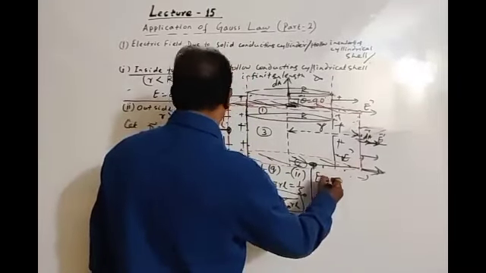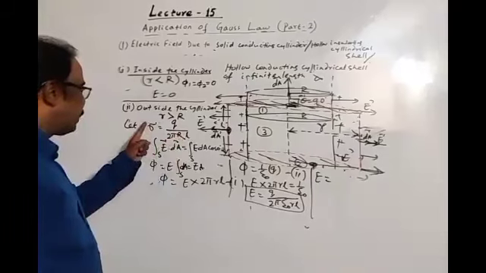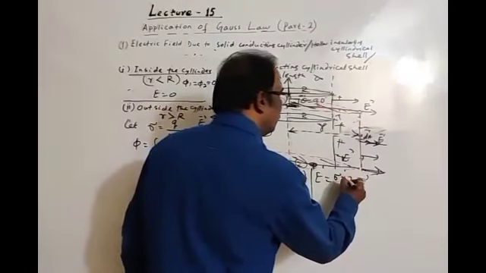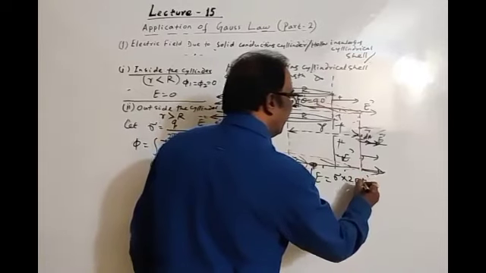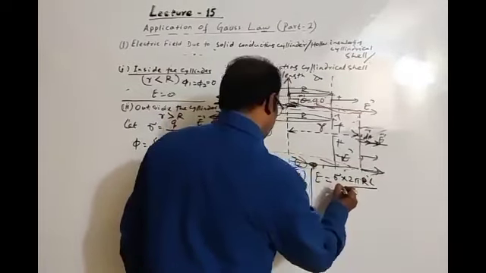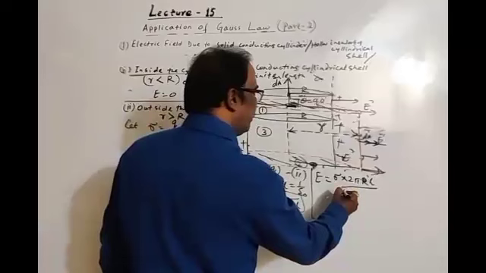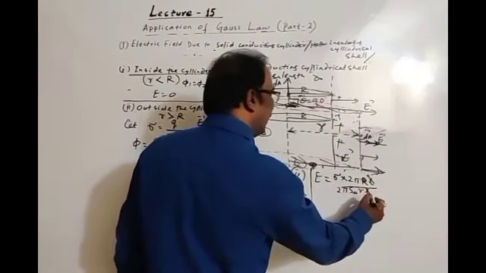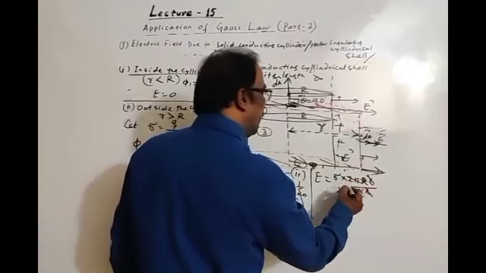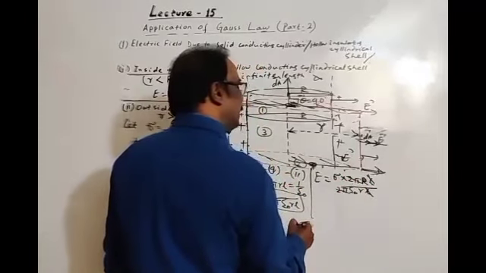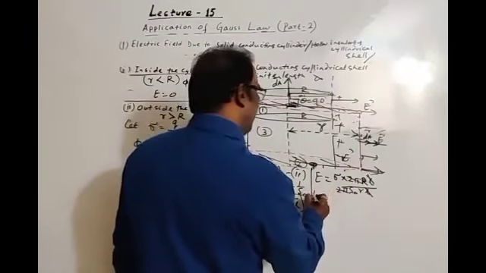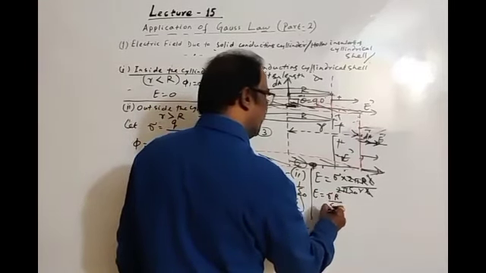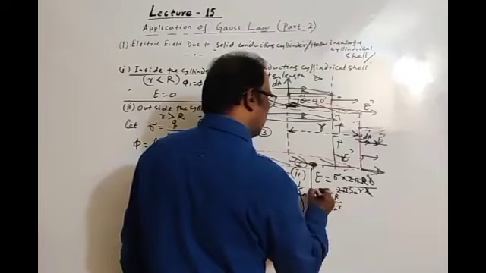Electric field is Q, Q is sigma into 2 pi RL, divided by 2 pi epsilon naught RL. L gets cancelled, 2 pi gets cancelled, then electric field is sigma R divided by epsilon naught r.